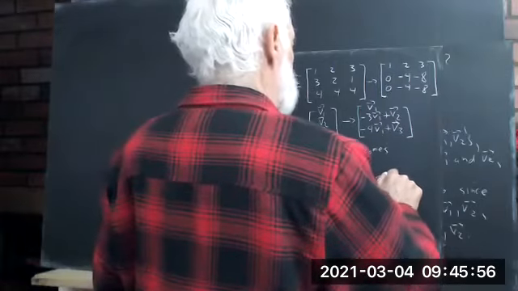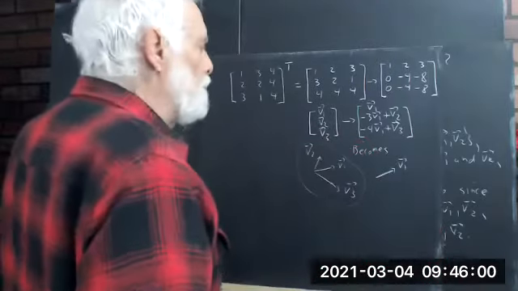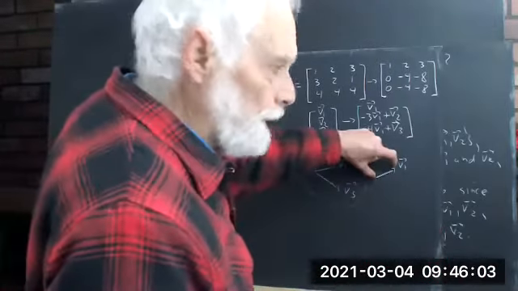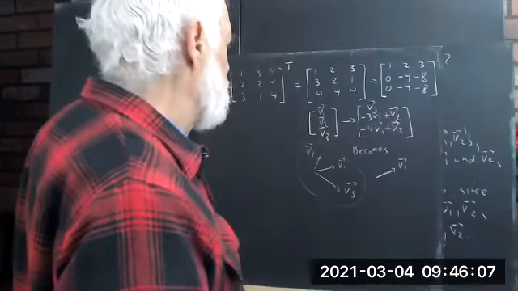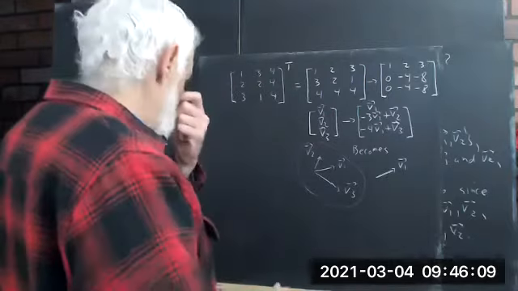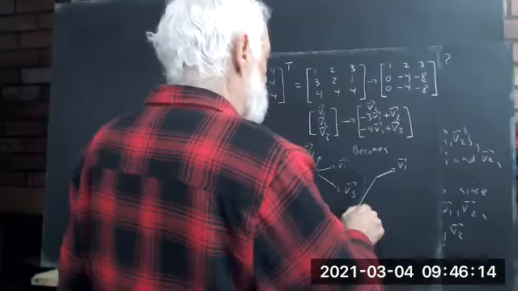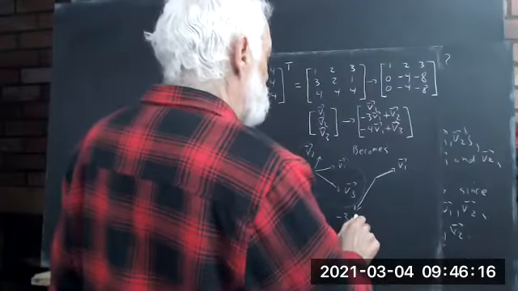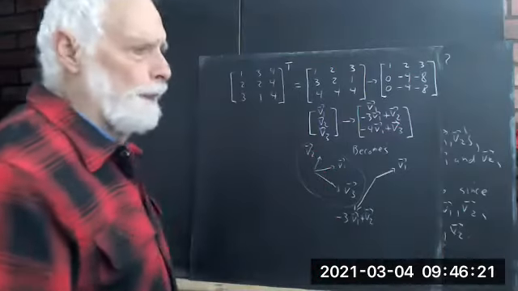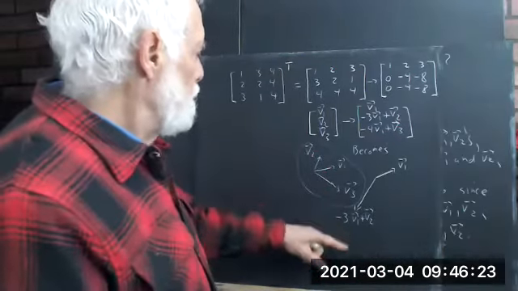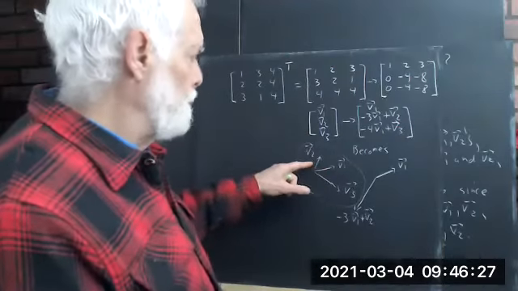We've got V1, and then we have -3 times V1, which would be 3 times as long as this back in this direction, plus V2. So maybe it's like here. So we got -3 V1 plus V2. This being a linear combination of V1 and V2 is still in the plane of V1 and V2.